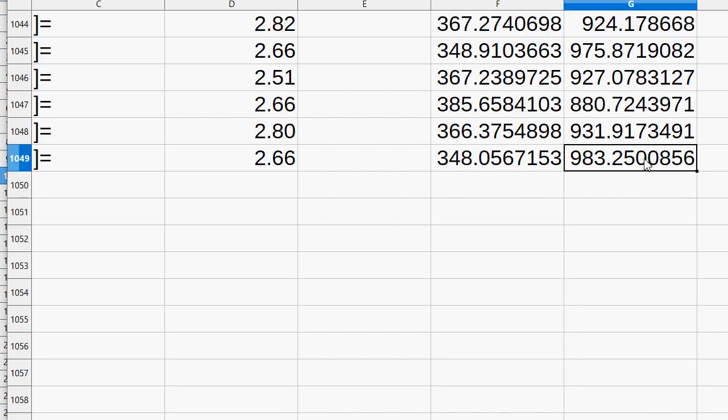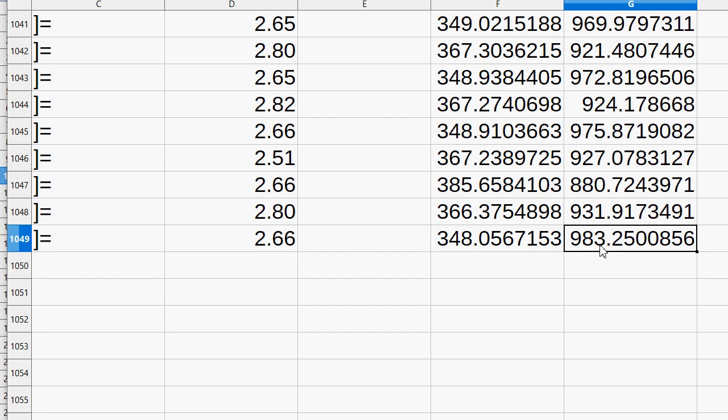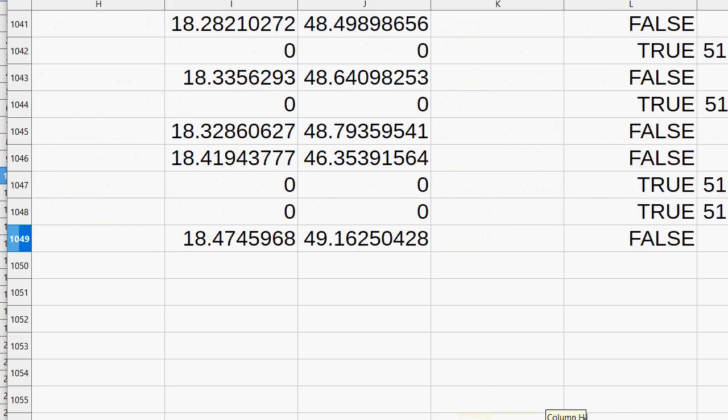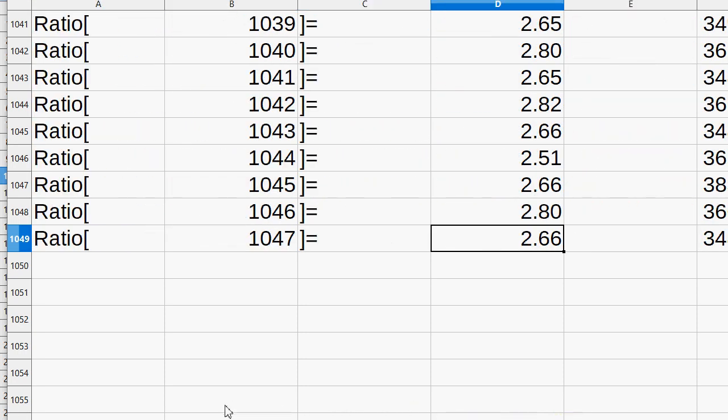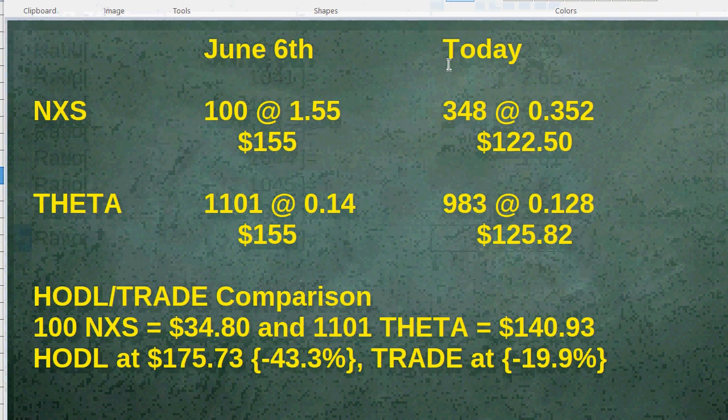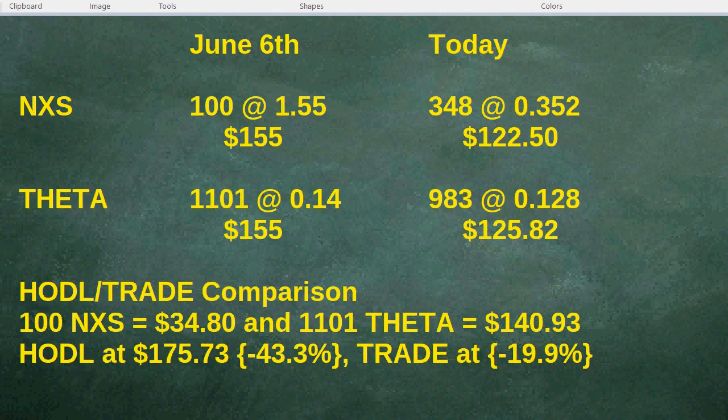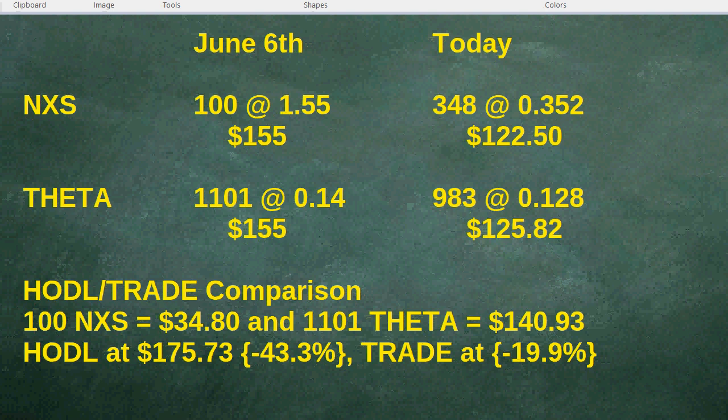So we end with 983 and 348, losing out on 100 and change, basically a little over 10%, but getting 3.5 times more of these coins. And it equated to a gain, albeit not the greatest, as it was actually a loss when it comes down to it.